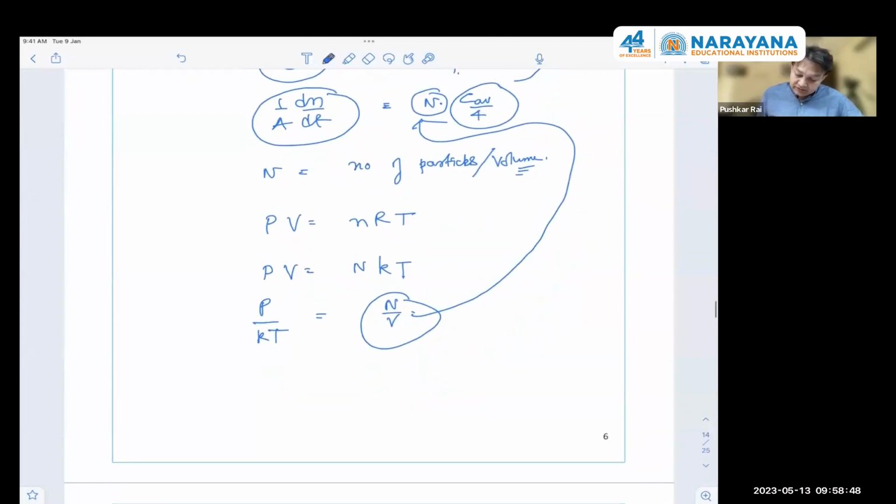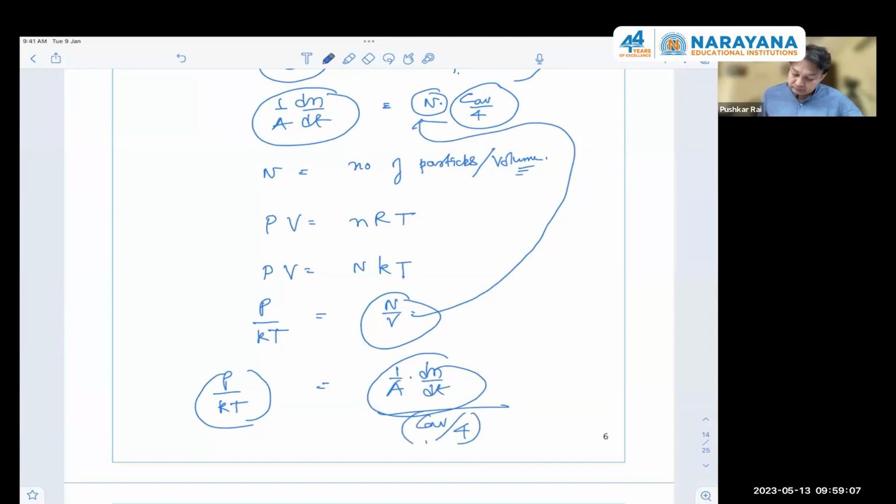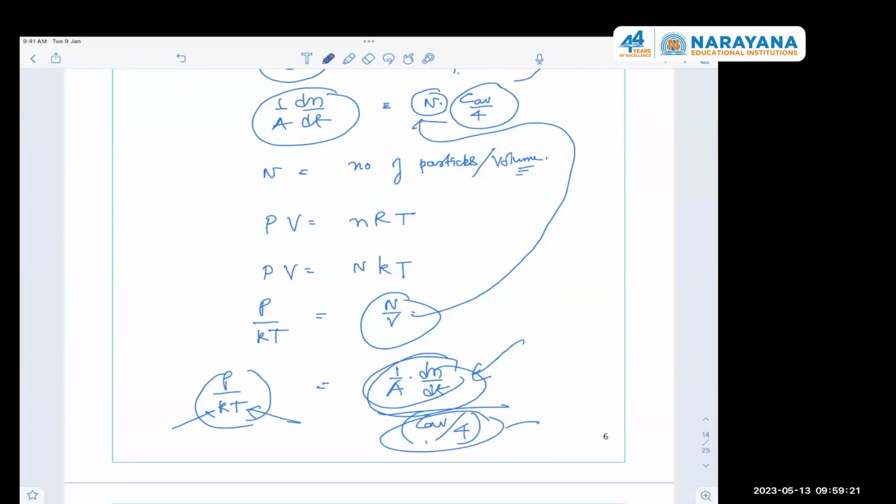So we have P by kT is equal to 1 by A dN by dt, which is given, already shown to you, upon C average, which you have calculated, upon 4. k is given, T is given, this is given, this is given, get the value of P.